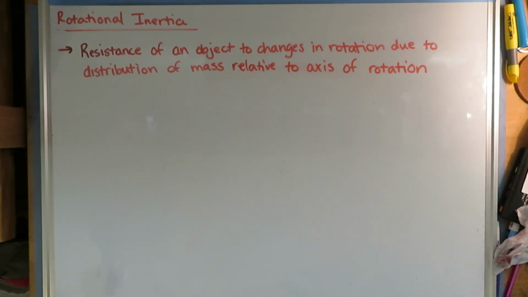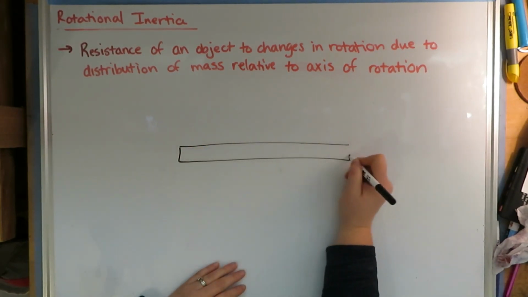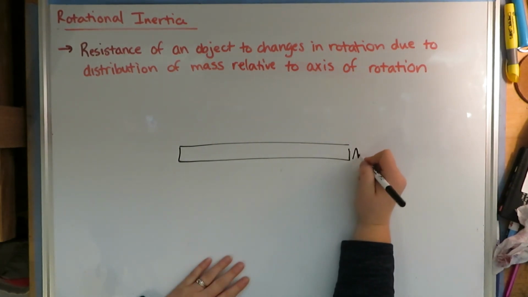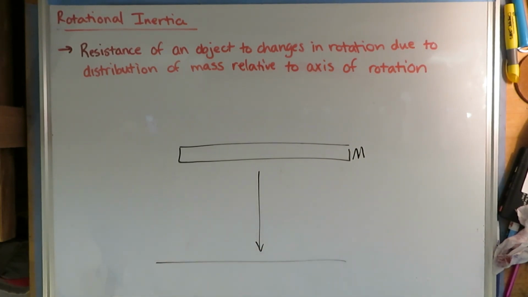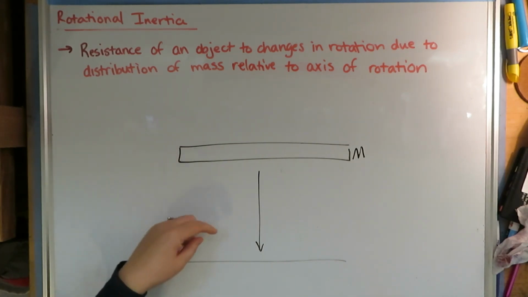Basically what it boils down to is, if I have some sort of physical object, say like this rod, that has some fixed mass m. If I were to drop it, then it would gain momentum, okay? But whether it's moving or not, it's going to have some sort of inertia that causes a resistance to its change.